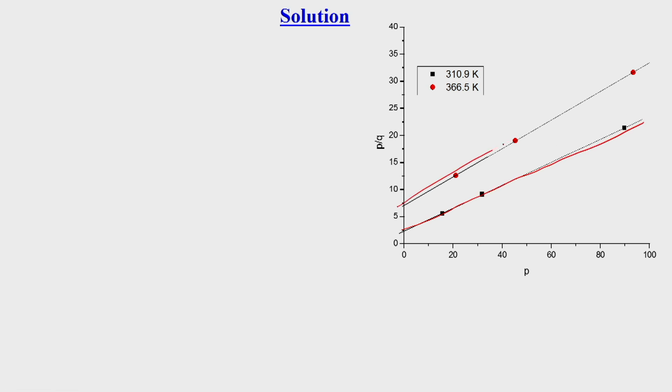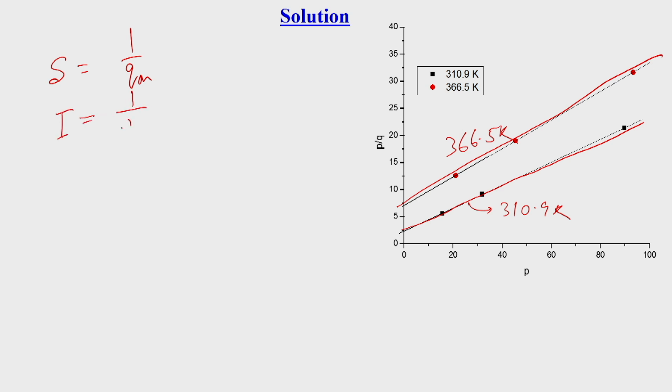Suppose this line is for 310.9 Kelvin and this one is for 366.5 Kelvin. For the Langmuir isotherm, the slope is equal to 1 by qm and the intercept is equal to 1 by qm into K. If we do slope by intercept, we will get the K value.